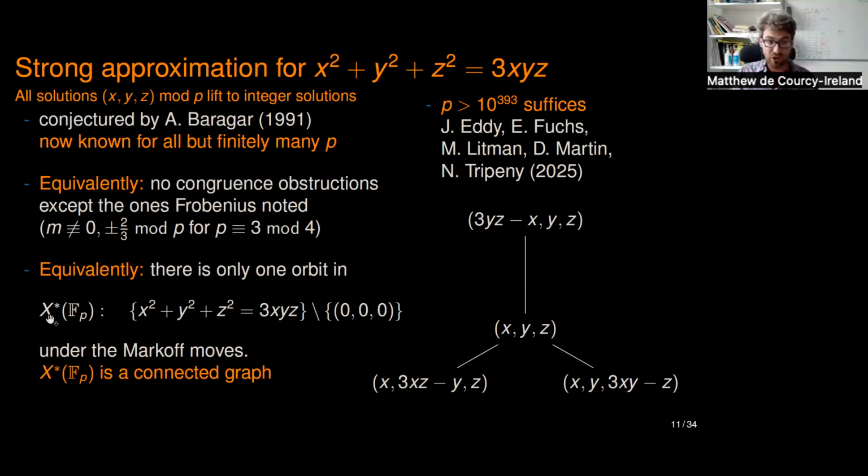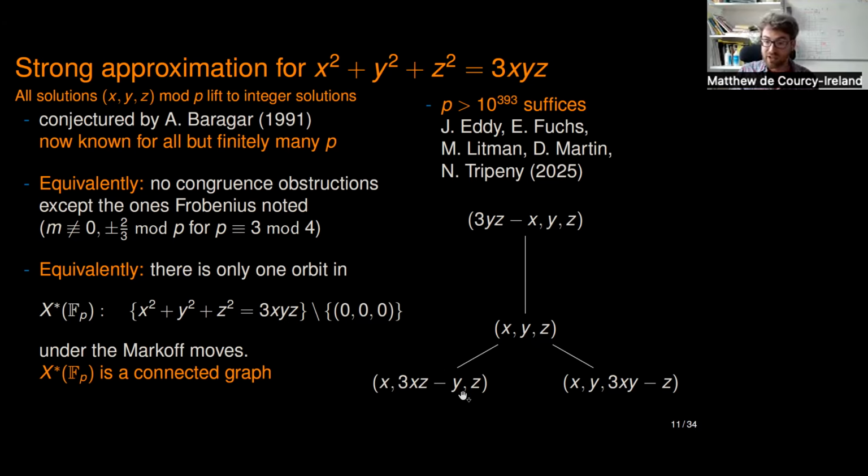Let X*(F_p) be all the non-zero solutions mod p. Strong approximation says that there's only one orbit under the Markov moves. So if you form a graph whose vertices are triples (x, y, z), and the edges join a triple to its 3 neighbors under the Markov moves, strong approximation says that's a connected graph.